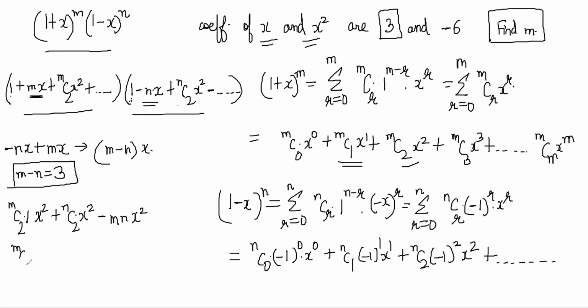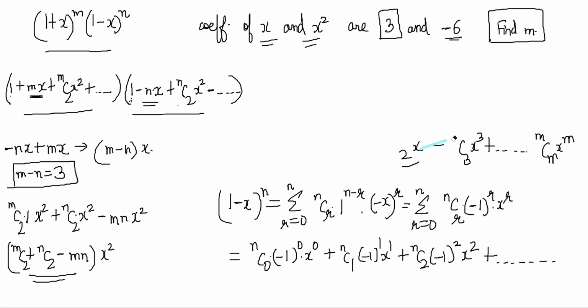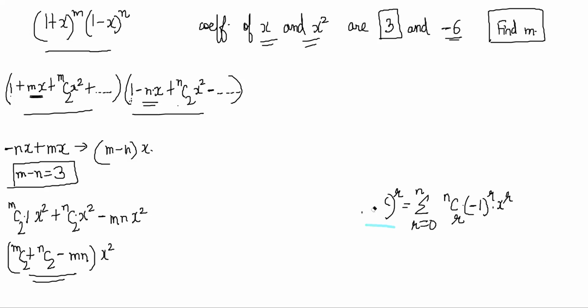So this becomes mc2 plus nc2 minus mn, into x square. So this must be equal to minus 6, and m minus n is equal to 3. Now you have to solve these equations to find m and n. So let's just solve them. m minus n is equal to 3, and the second equation is this.